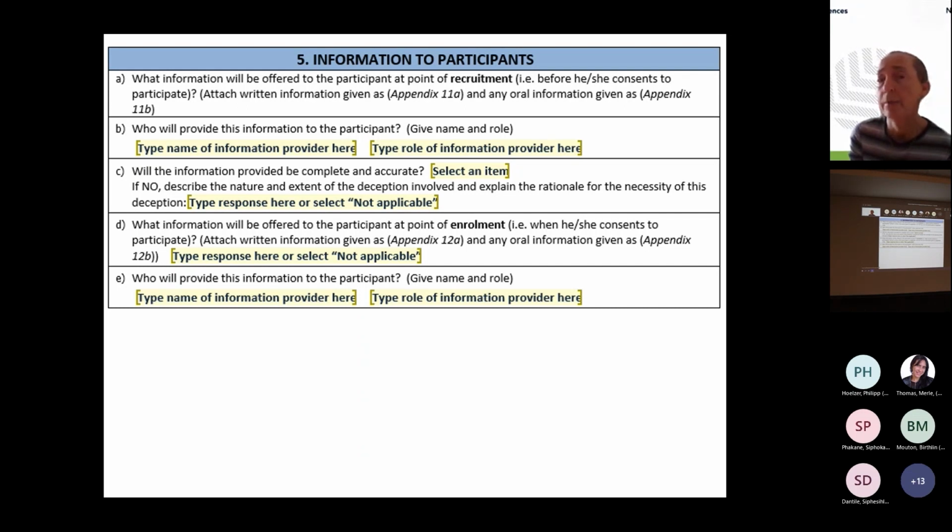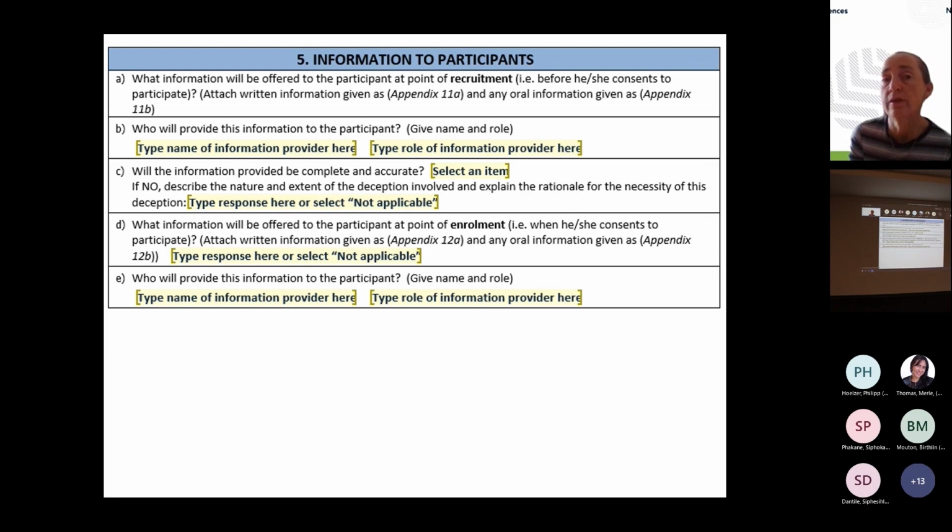It's very rarely the PRP. The PRP is usually, for a master's or doctoral study, the supervisor. It can also be a research assistant. It depends very much on the study. So the name of the provider or providers and their specific role must be indicated.